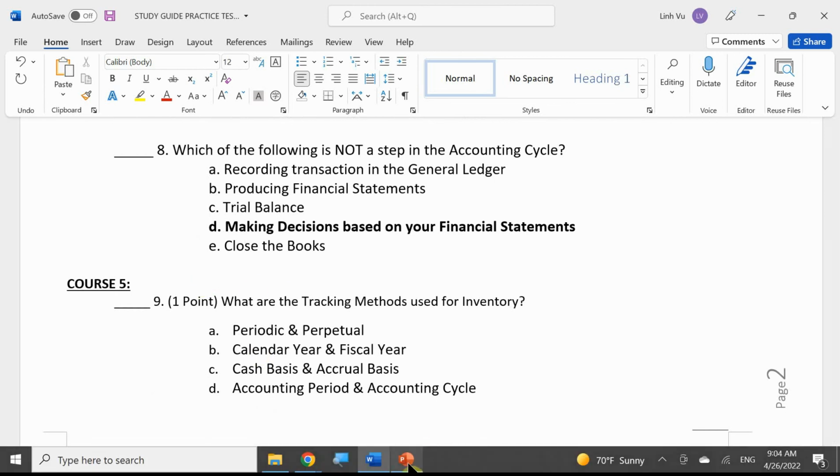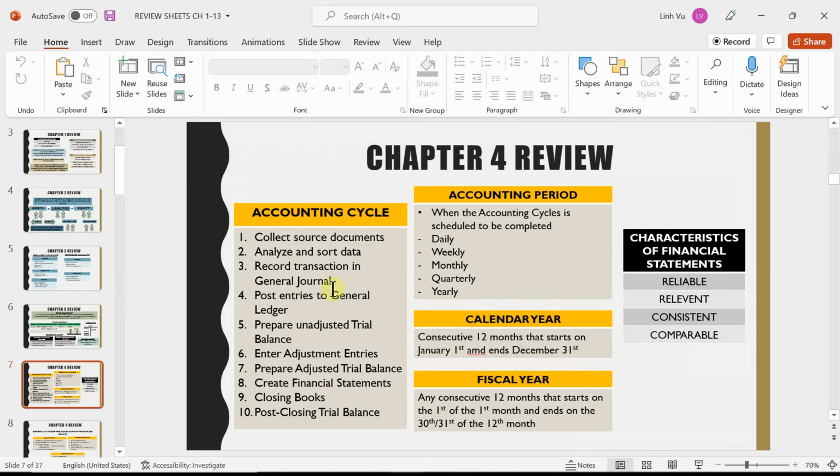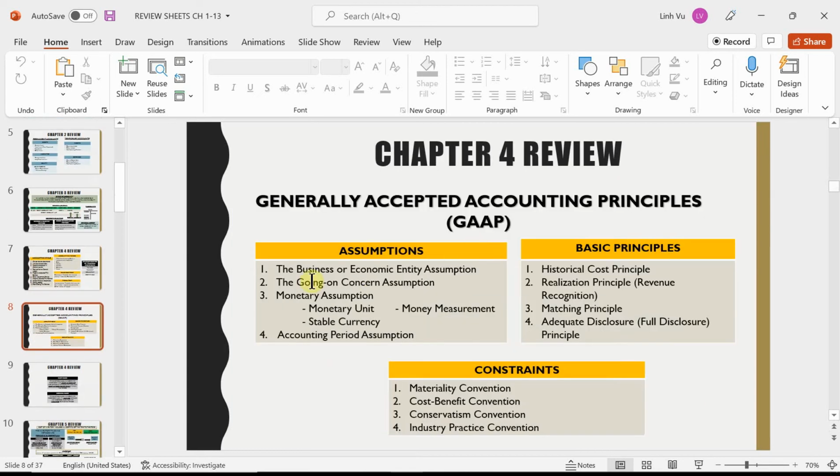Like I mentioned before, when we're talking about the accounting cycle, make sure you know what the steps are. You don't need to know the details because we won't dive into them until after your exam, a week from now. Another thing: out of these rules of GAAP, I'm only going to test you on your assumptions and your basic principles.